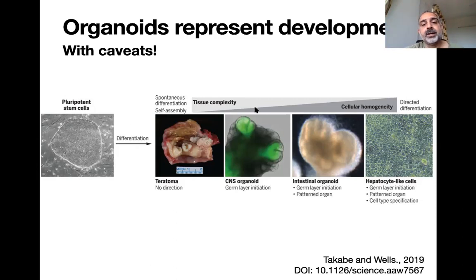So here, if you're interested in the CNS, for example, you can start generating a CNS organoid, but simply by inhibiting BMP signaling and promoting FGF signaling, which is known to promote neuronal differentiation.